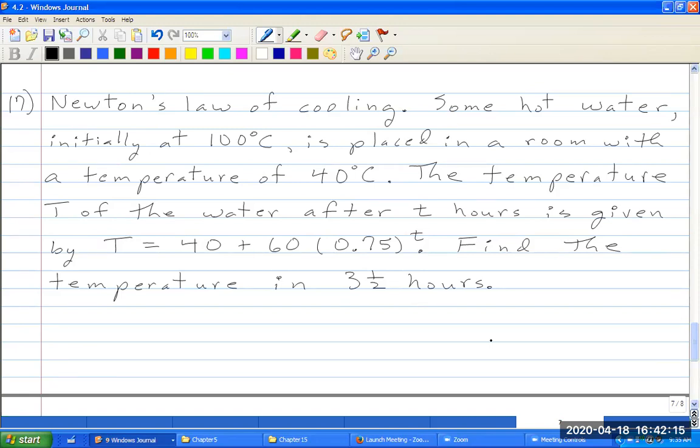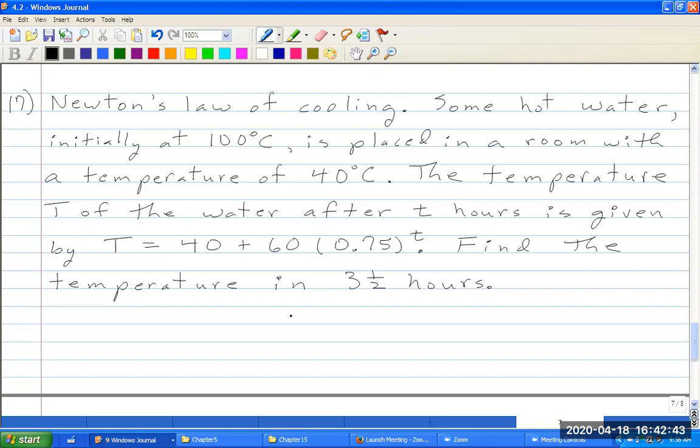Some hot water, initially at 100 degrees Celsius, is placed in a room with a temperature of 40 degrees. After t hours the temperature is given by T = 40 + 60e^(-0.75t).